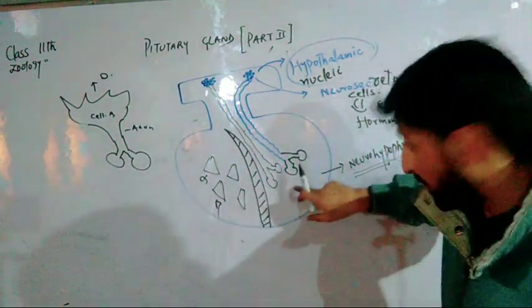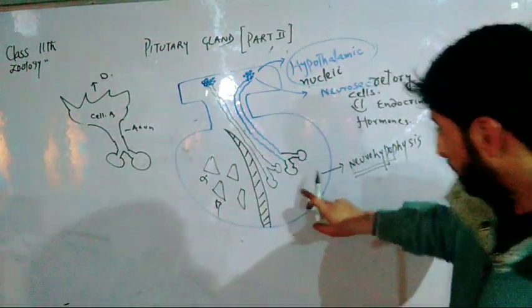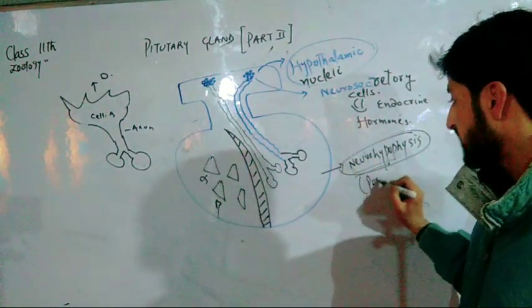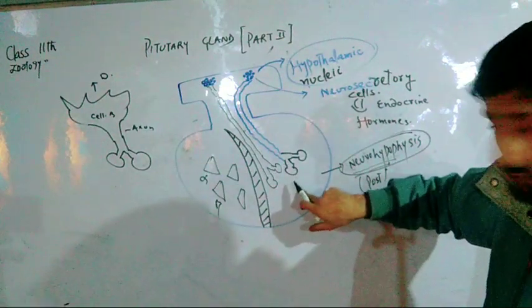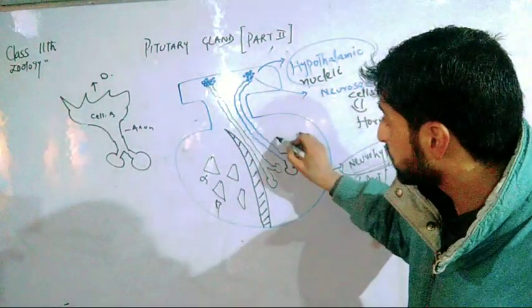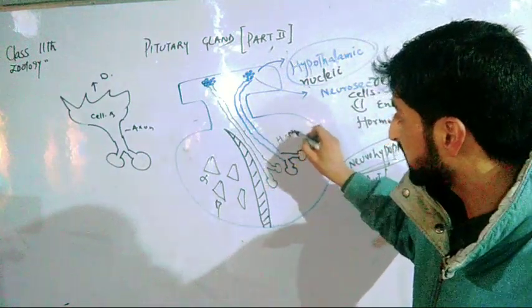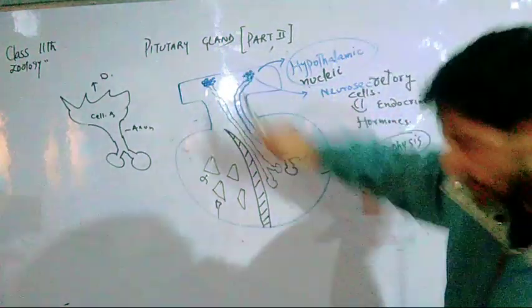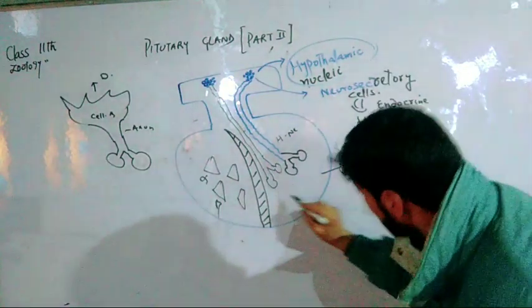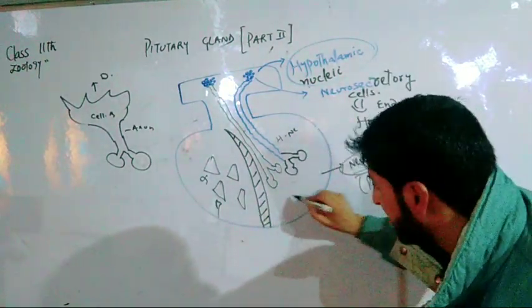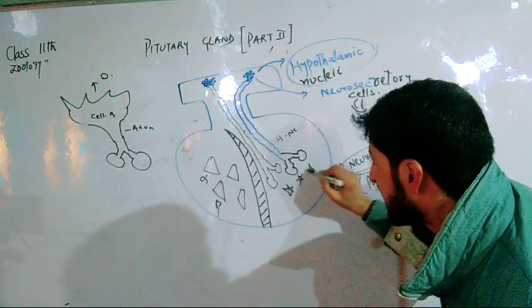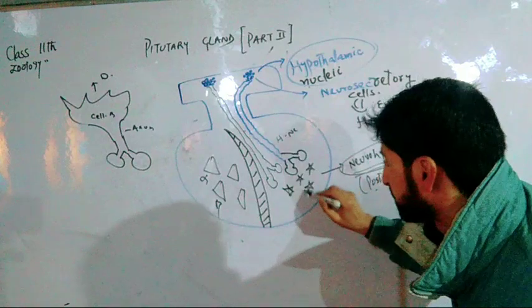Likewise, the posterior lobe of the pituitary gland, which you call the neurohypophysis, contains the hypothalamic neurons. The neuron extends from the hypothalamus and innervates the posterior lobe. As well as that, in the posterior lobe there are also special types of cells known as pituicytes.